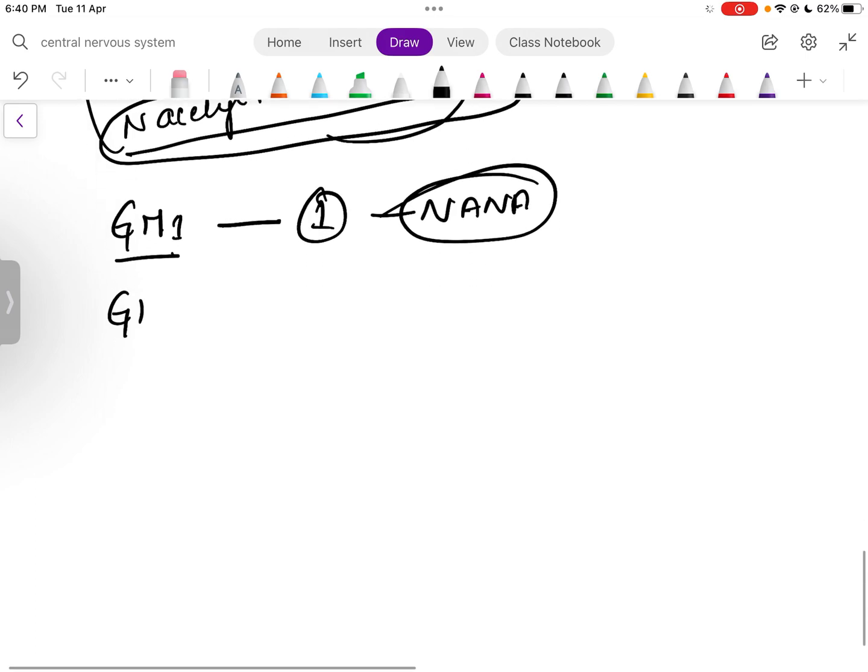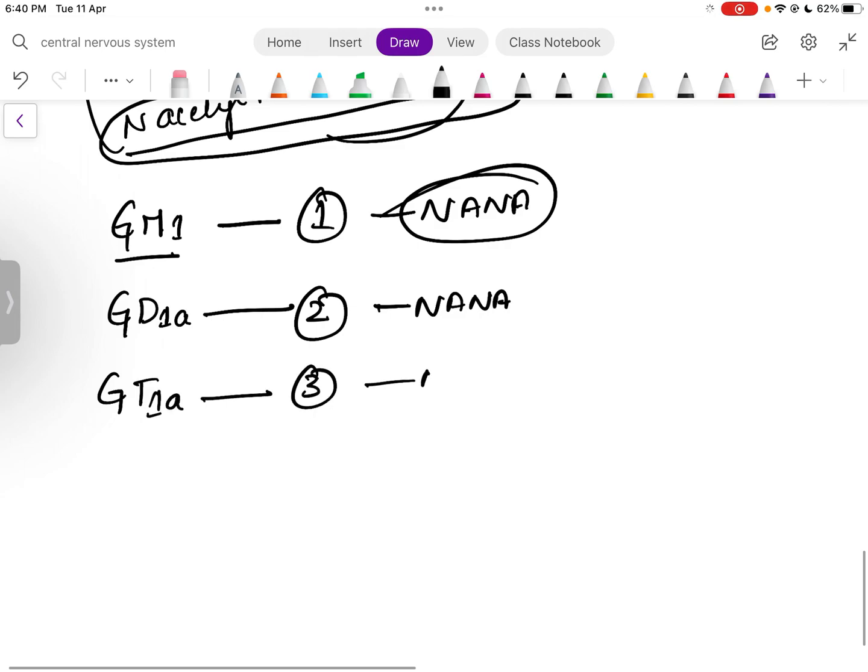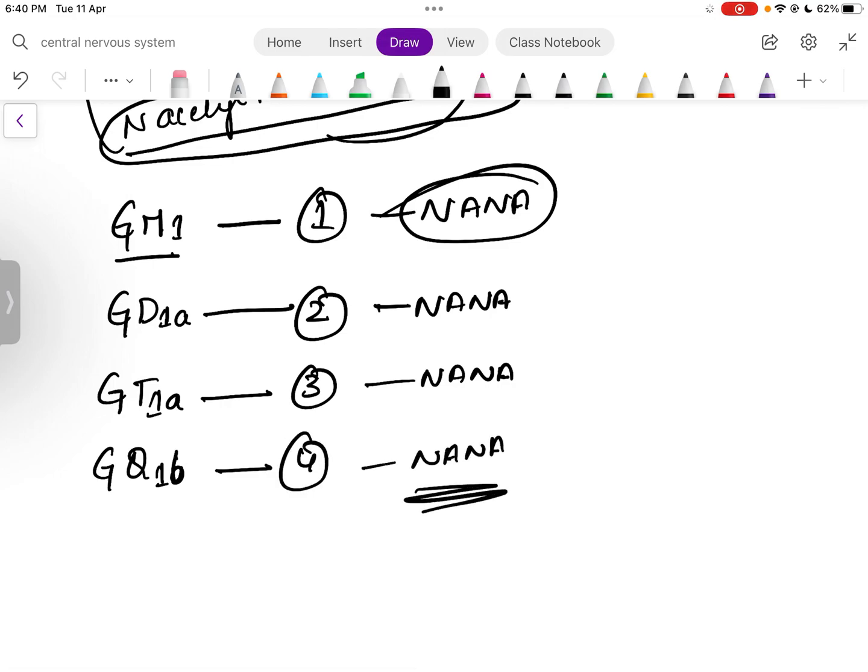GD1A has two N-acetyl neuraminic acids. GT1A has three N-acetyl neuraminic acids. GQ1B has four N-acetyl neuraminic acids.